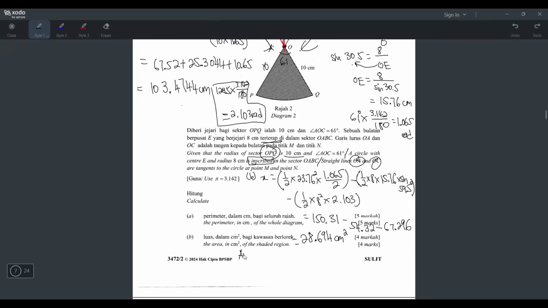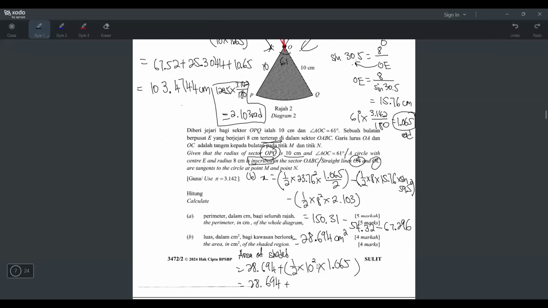So I'll write here area of shaded. It will be the 28.694. Still have to plus with this region right here, and this is very easy. This is just the area of sector formula, which is 1 over 2 r squared theta, and the r for this case is 10 squared. The theta in radian is 61 in radian. I already converted here, 1.065. Okay, now I just have to press this one. So 28.694 plus.